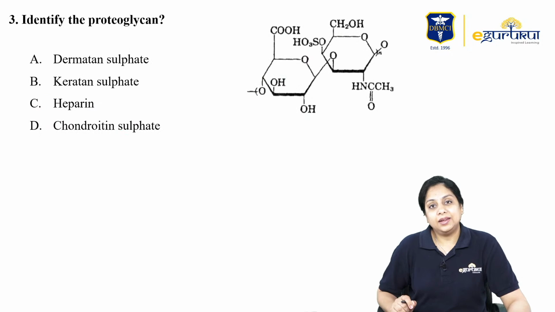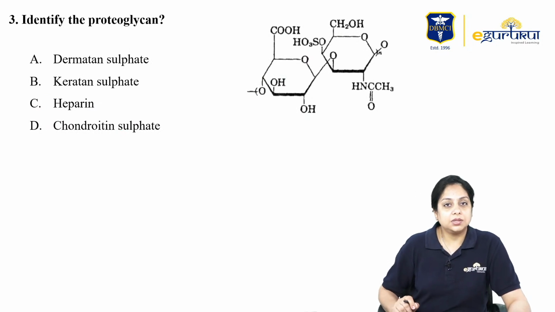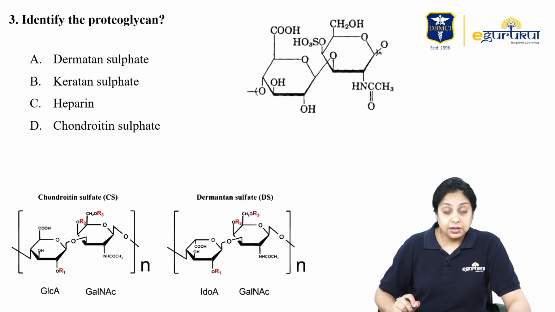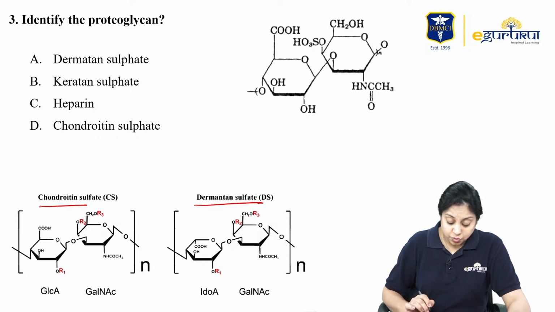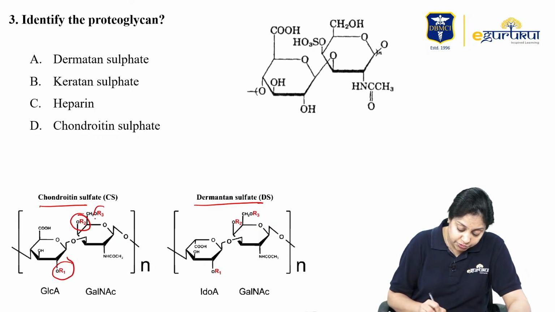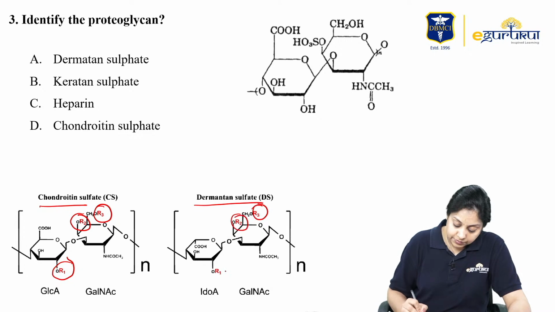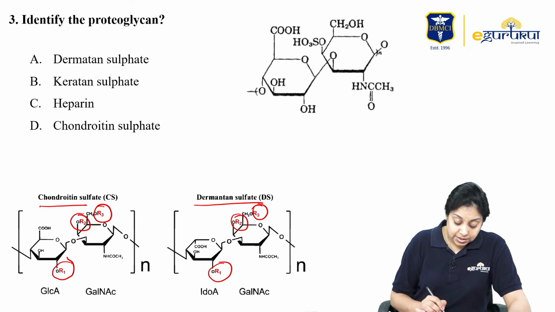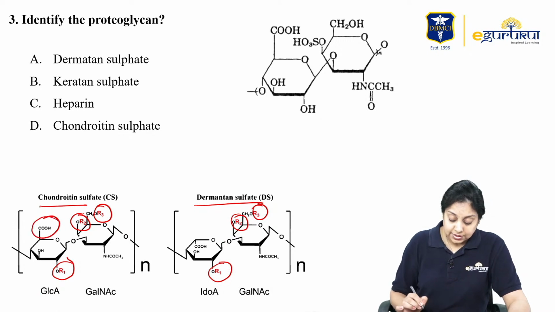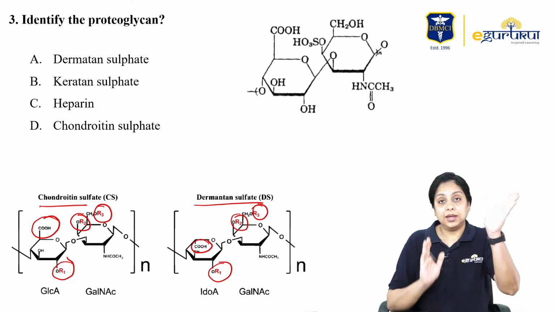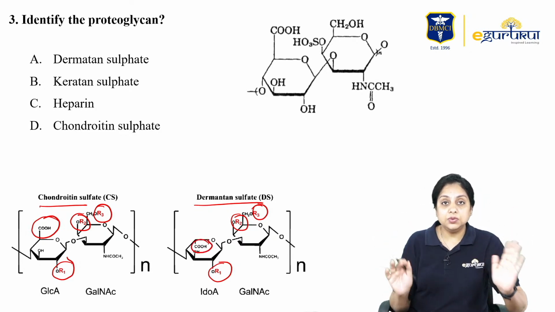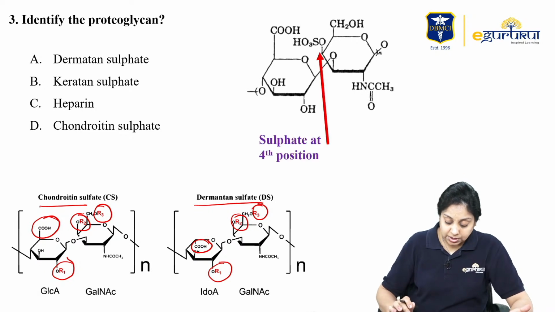Identify the proteoglycan. Tricky question if you are really not interested in the figures. Chondroitin sulfate and dermatan sulfate, they both are isomers. I have told you they may have sulfate at these two positions. But they are composed of glucuronic acid, right, and there is iduronate. Do you see this COOH is in the opposite position? That's why I was telling you they are isomers of each other, right?